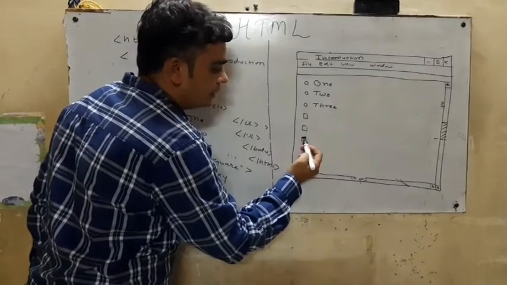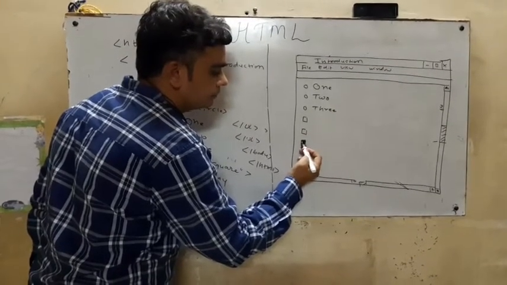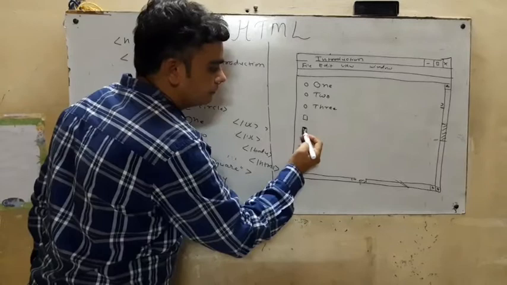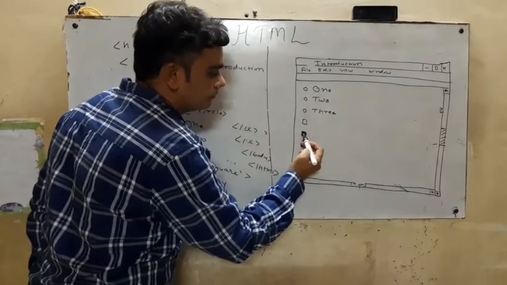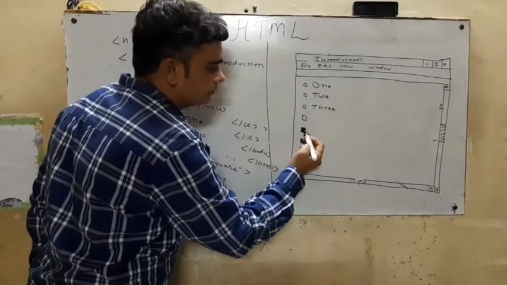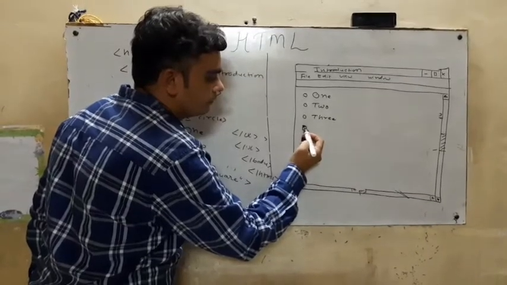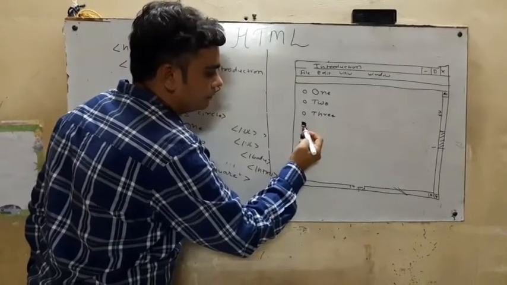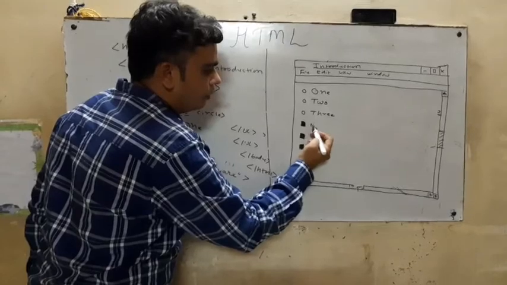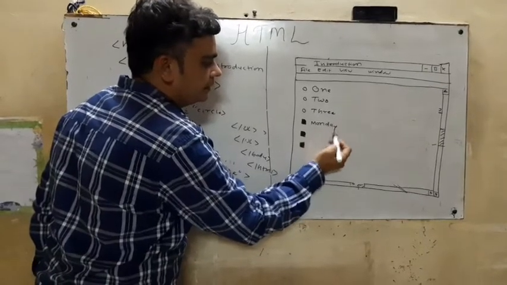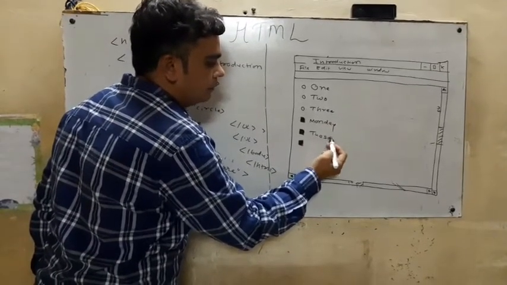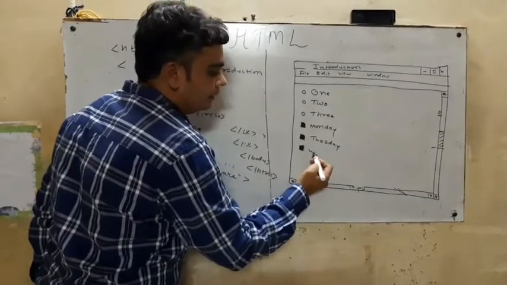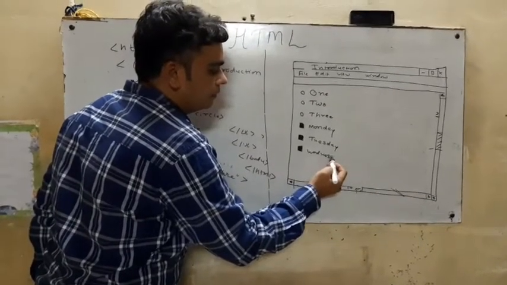First you have to draw the square and then fill it. And here I am going to write the content: Monday, Tuesday, Wednesday.